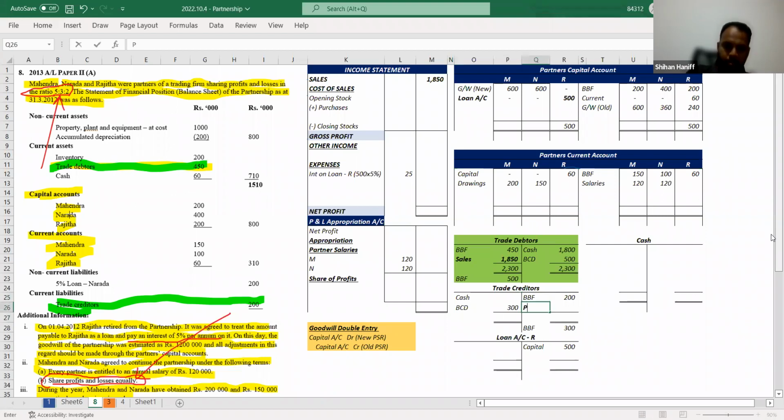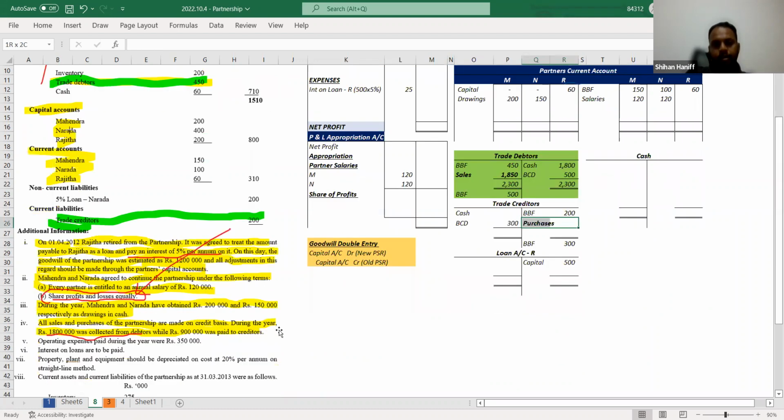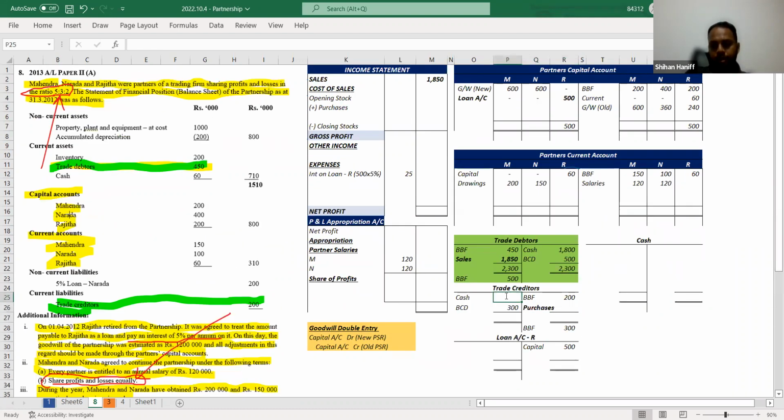Cash and purchases. Cash 900 was paid to creditors. 900.